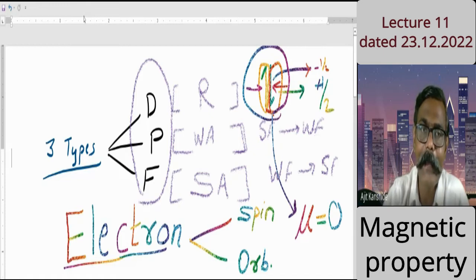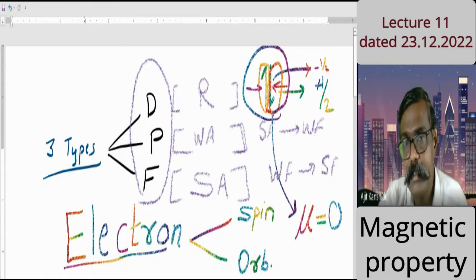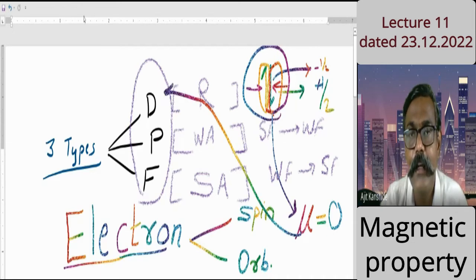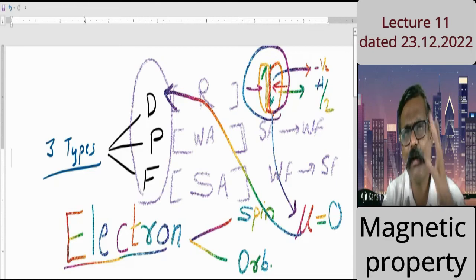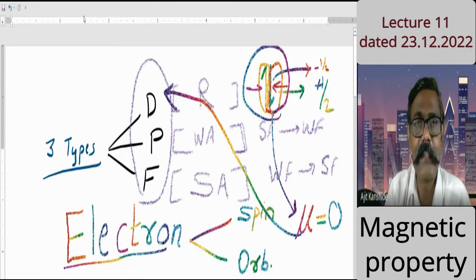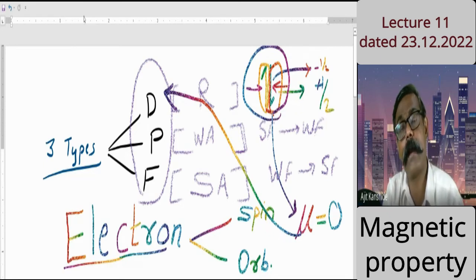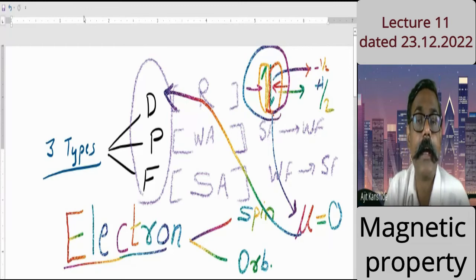And when that magnetism gets cancelled, we say that the material is diamagnetic in nature. When electrons are paired, they have no tendency to be attracted towards the magnet. Since they do not allow the magnetic lines to pass through, the material will experience repulsion, and that remains a property of diamagnetic material.